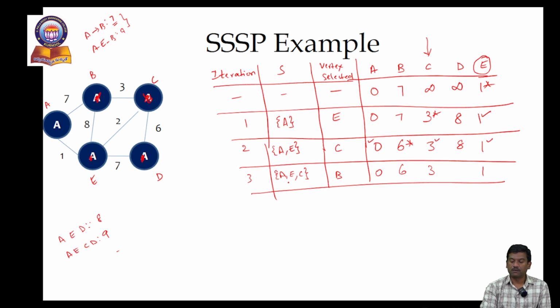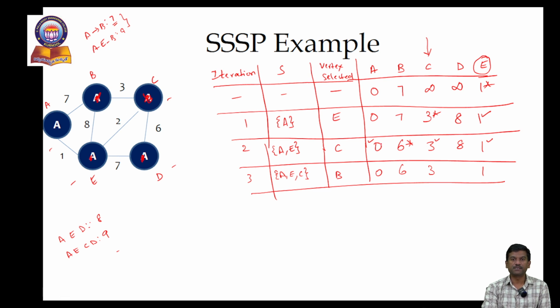So here A, E, C to D. What is the cost? 1 plus 2 plus 6. That is 2 plus 1, 3, 6, 9. That is 9. It is not the new updated value, because previously we have 8.